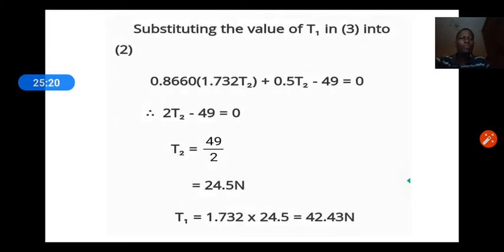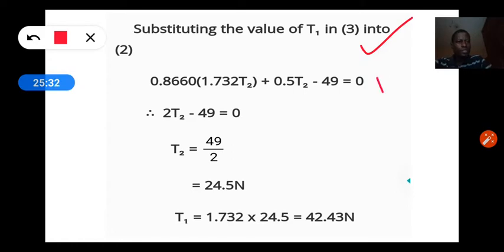This is the Roman figure 3 solution we're about to obtain. So substituting now, substituting the T1 we obtained into equation 2. Remember, this is that equation 2 from the last slide. The only thing we are doing is substituting T1. T1 was here, remember?